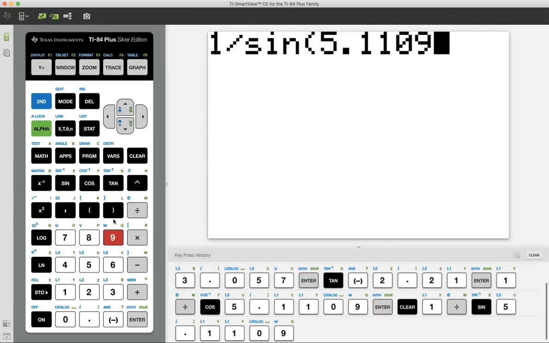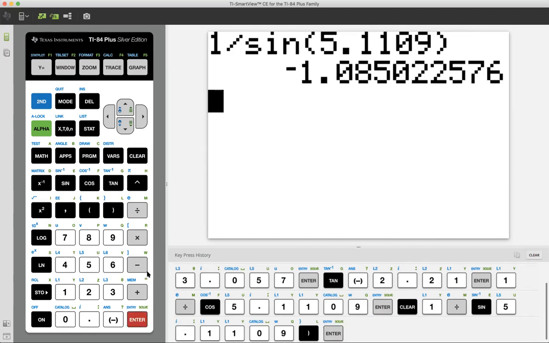The common mistake there, I think, is to try to use that inverse. Sine to the -1 does not mean the reciprocal. It just means that you're given the ratio and you're trying to find the angle. So don't use inverse, it's just 1 over. We're going to get negative 1.085. Good enough for now.